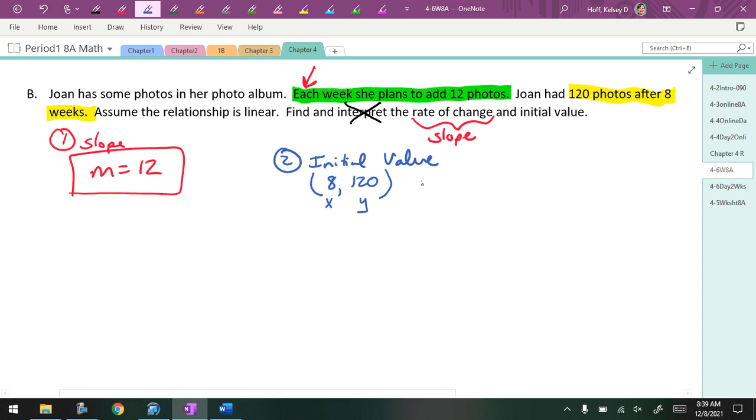Then what did you just tell me my slope was? 12. All right, we got to plug into that equation. Let's write that down again. Y minus y1 equals m times x minus x1.